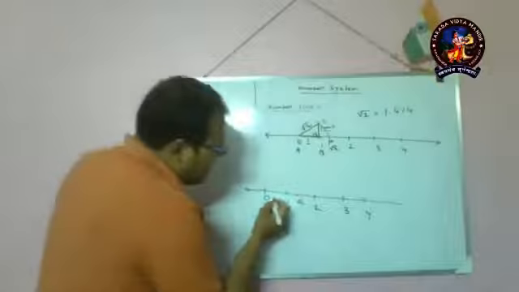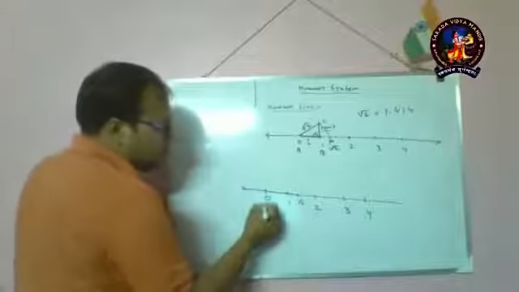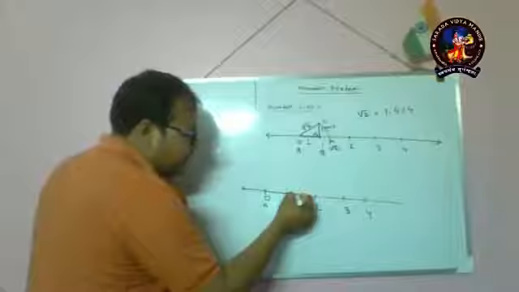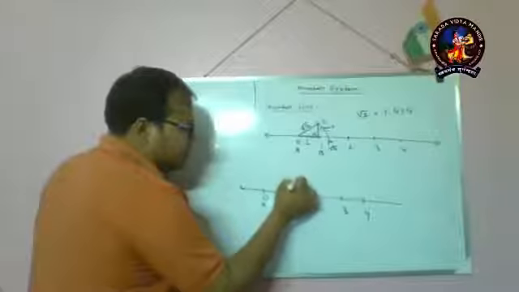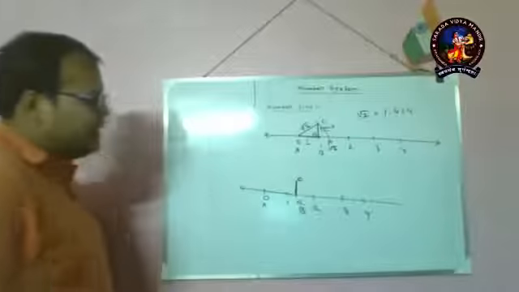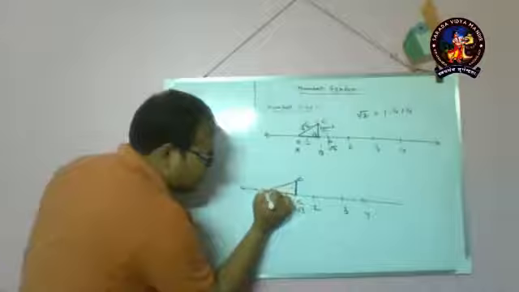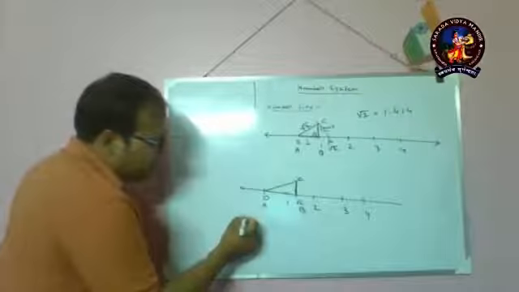So now we have to take the base as root 2. We have given A and B. And we are going to take the height as 1 unit. Suppose this is the 1 unit and we are giving the end point as C. Now if we join O and C, then OC is the hypotenuse, and what will be the value of OC?